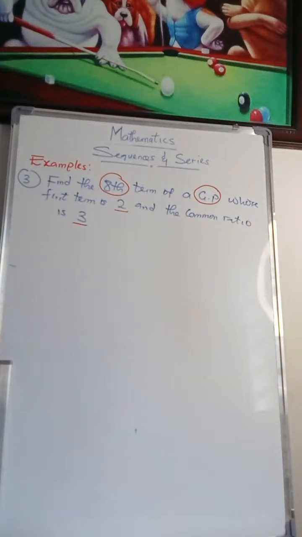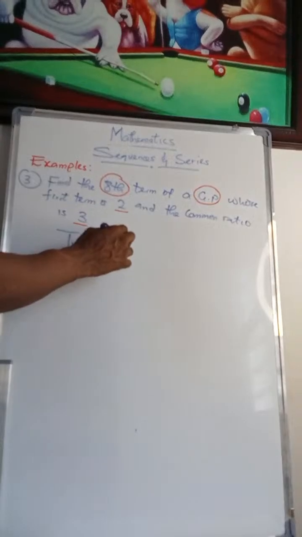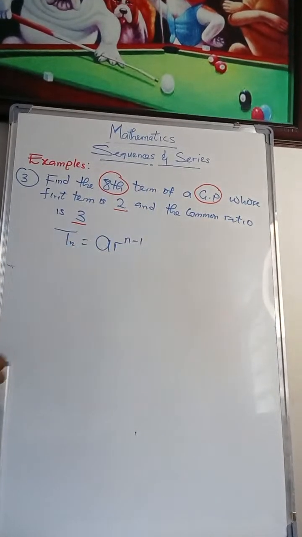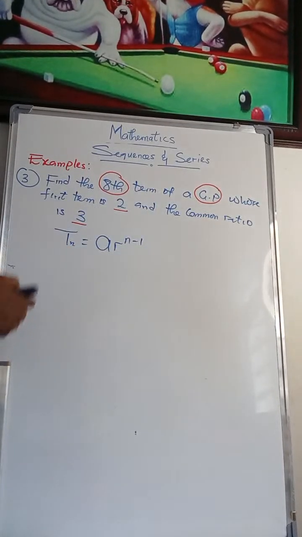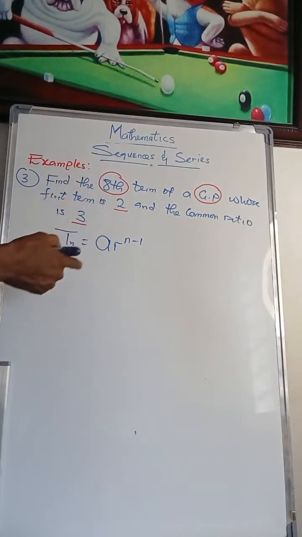All right, and I hope you still remember the formula we used to calculate the nth term of a GP. The nth term of a GP is AR raised to power n minus 1. Then write out the parameters, what we have. I've already underlined what we have.